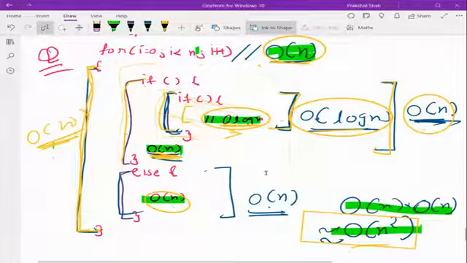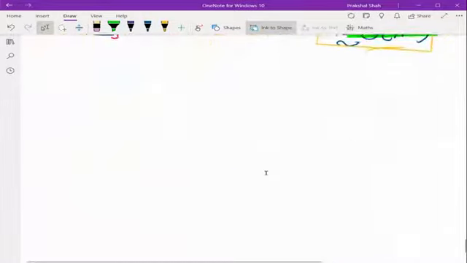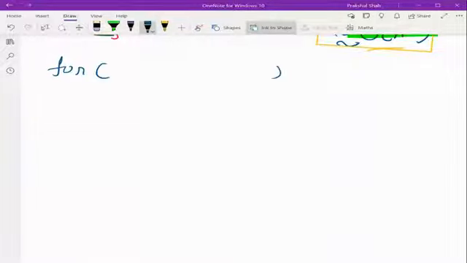Now I will give you a proper question, okay, which is considered a good question. Suppose I have a for loop, and inside it I am evaluating something which is order of n.